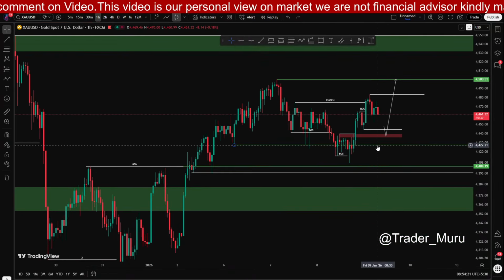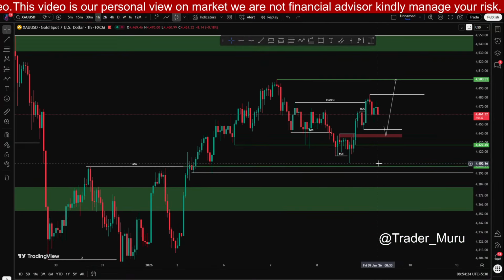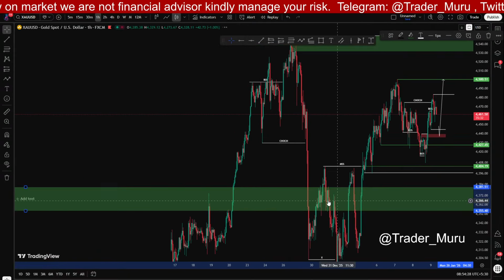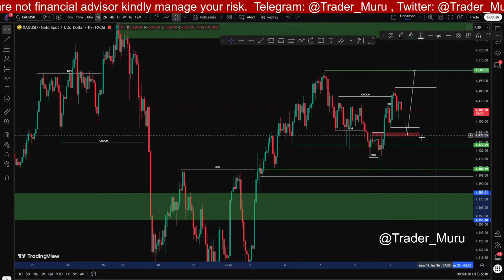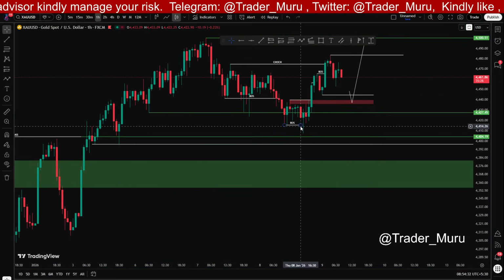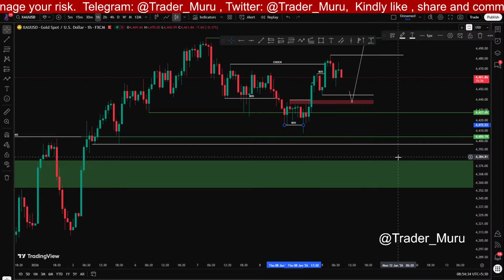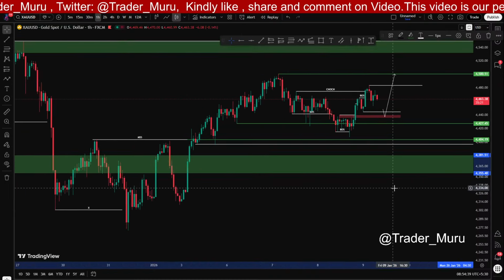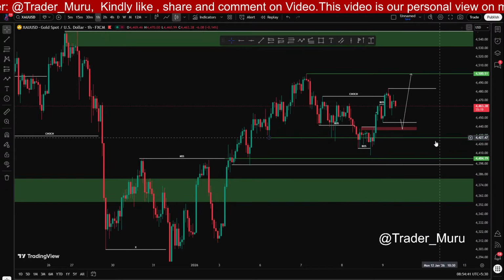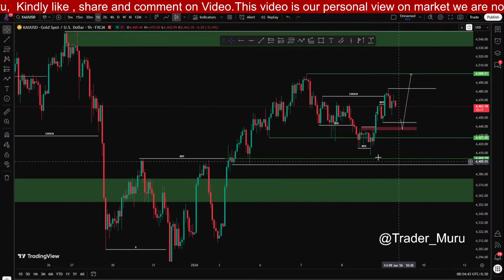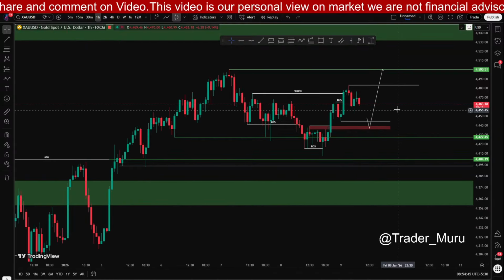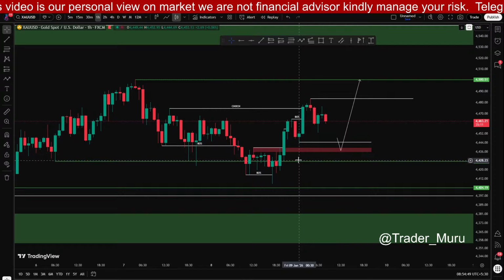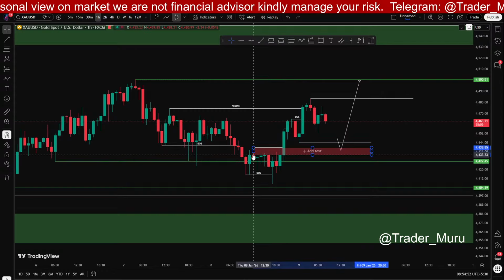And if in NFP I get a sweep of this low, test near this daily structural area, if price wants to trap all the buyers here, then I will be watching for long from 4381 to 4355. And if you are going for long from here, then you should have a tight invalidation below your structural levels.